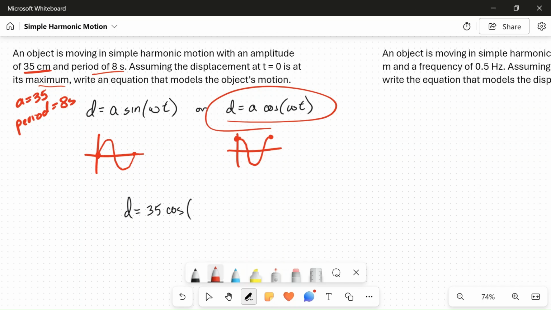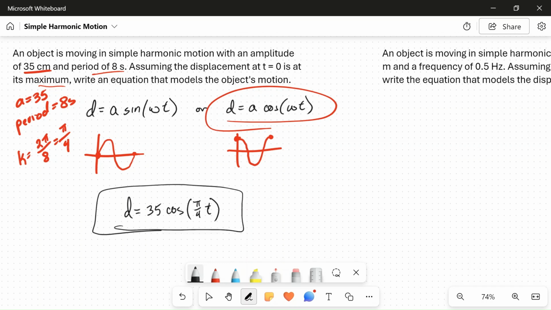So k is 2 pi over 8 seconds, and so k is pi over 4. So we have d equals 35 cosine of pi over 4 t. That is the equation that describes the displacement as a function of time if the amplitude is 35, it starts at its maximum, and it has a period of 8 seconds.